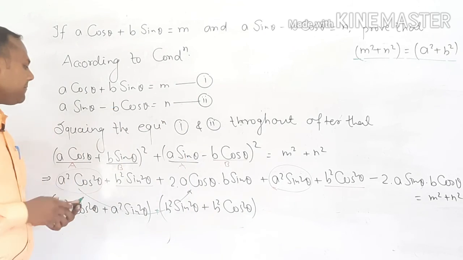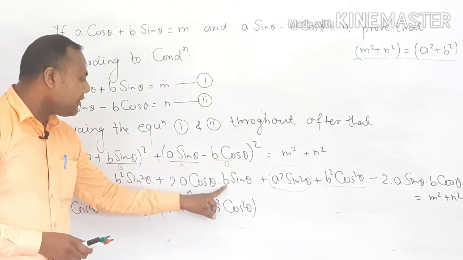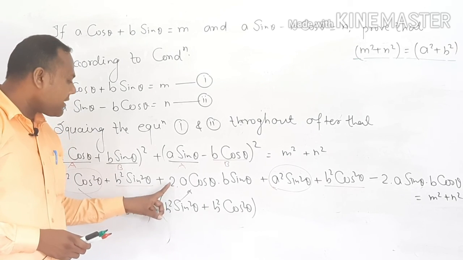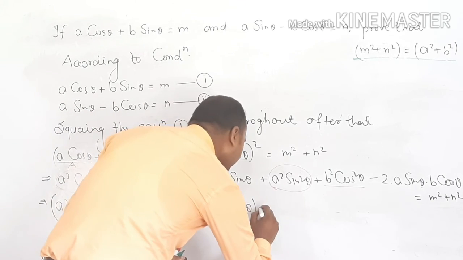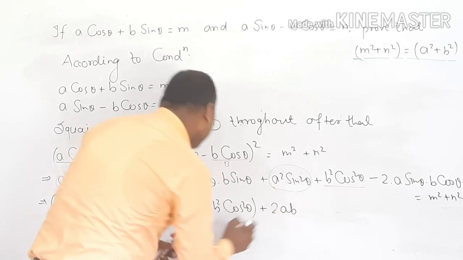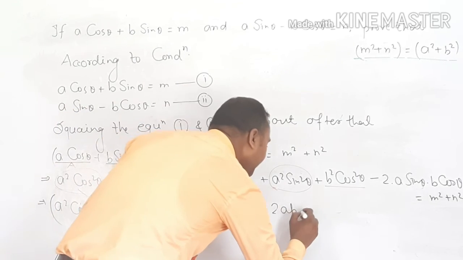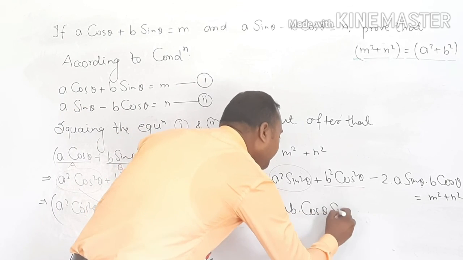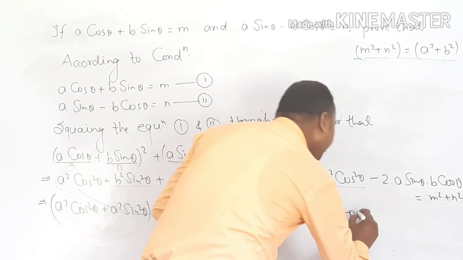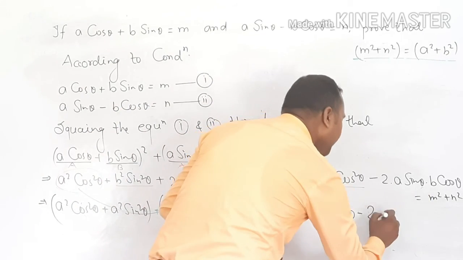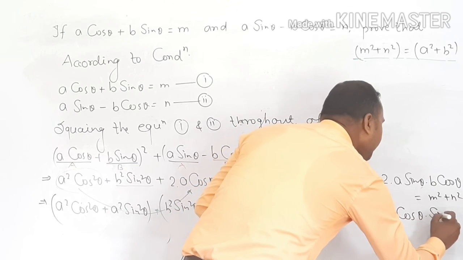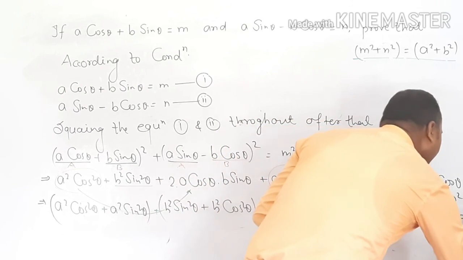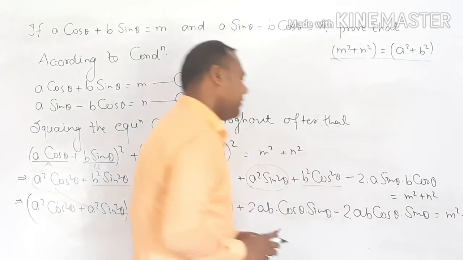And after that, 2ab, we have to arrange plus 2ab cos theta into sin theta, same as minus 2ab cos theta into sin theta, will be equal to m square plus n square.